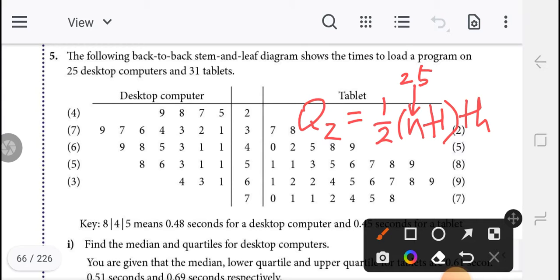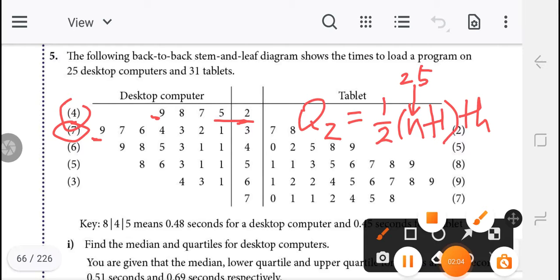Now the first number is this one here. That number is 0.25 seconds according to the key. That's the first number, so we are going to count from there. This number here is the fourth number, and this number here is the seventh number.